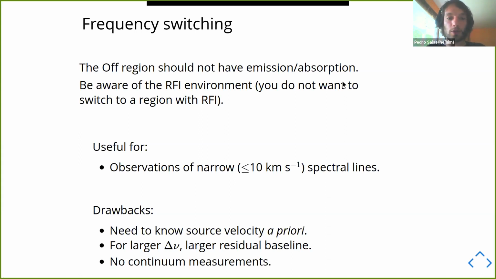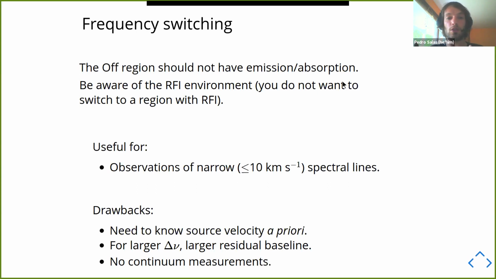This is useful for observations of narrow spectral lines in general, particularly in regions where you don't have a lot of spectral lines, so you don't have problems of crowding. And some of the drawbacks is that, well, you need to know where your line is, so you know how much to shift, and you need to know a bit about the spectrum, so you don't end up subtracting other lines from your target.